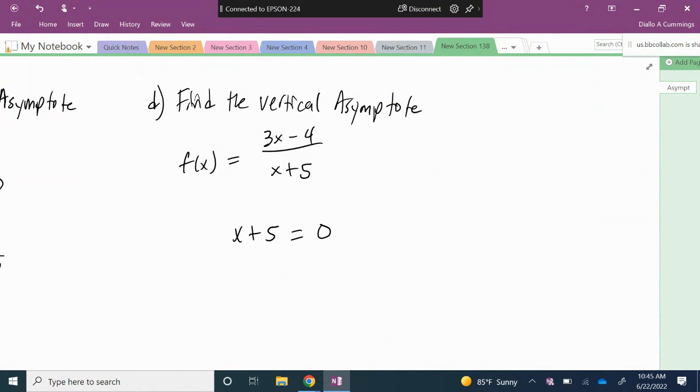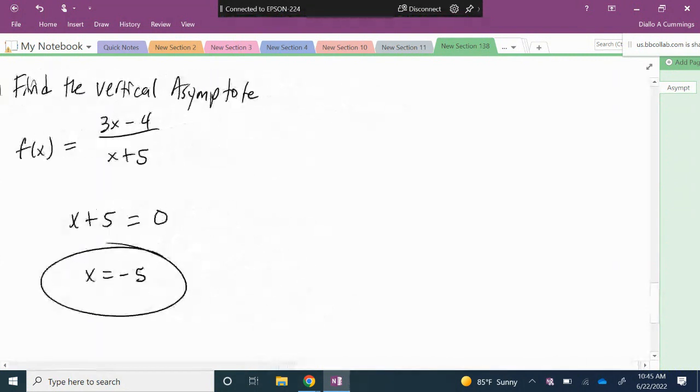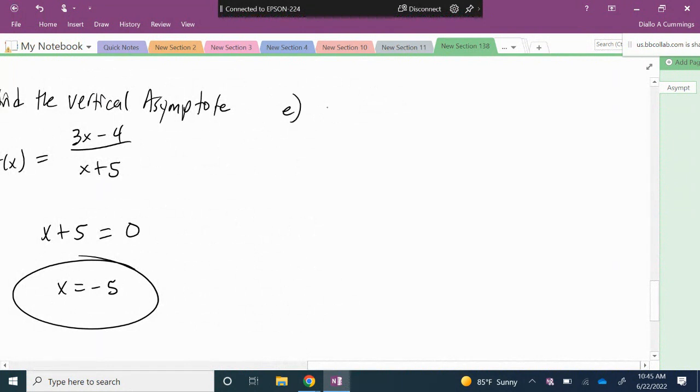In order to solve for x, we're going to subtract 5 from both sides. So we have x equal to -5, which is the equation for the vertical asymptote. So lastly, we're asked for the slant asymptote.